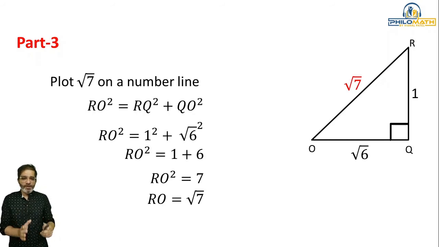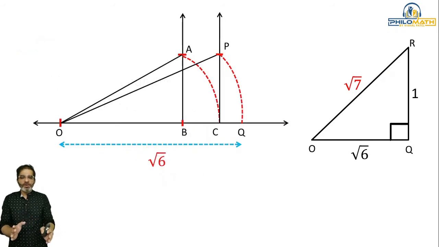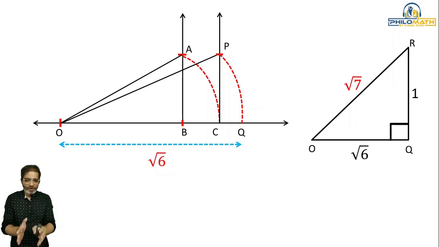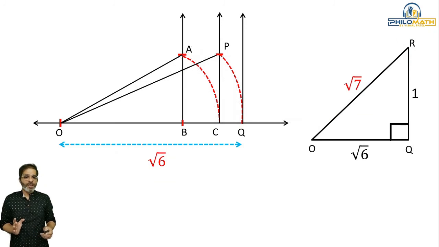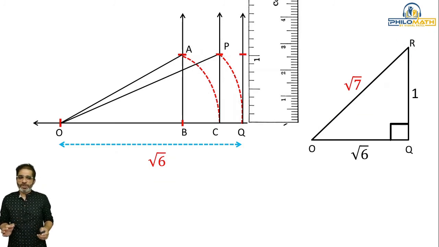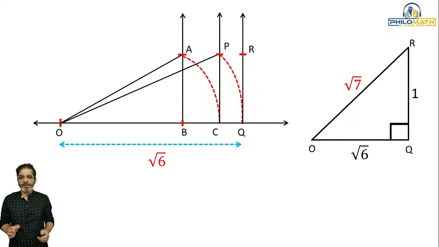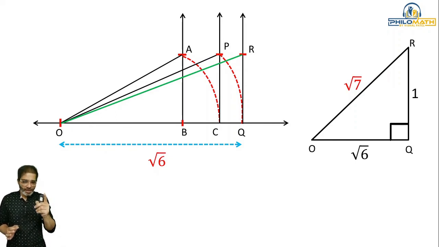Now again with the same rough figure and whatever we plotted till root 6, I'm showing over here. With this figure, I have to show root 7 on a number line. Keeping the protractor at point Q, I'm going to draw a perpendicular, that is 90 degrees, and with the help of a scale, I'm going to mark 1 inch and take that point as point R. When I join OR, I get triangle RQO, a right angle triangle where RO is root 7.